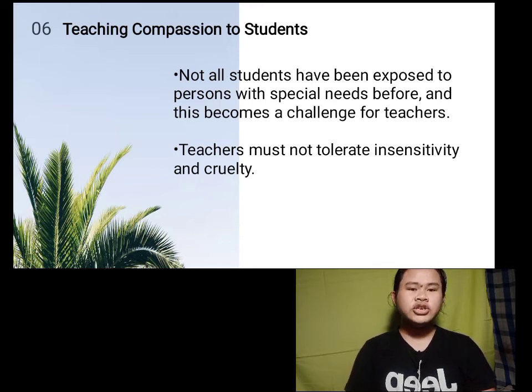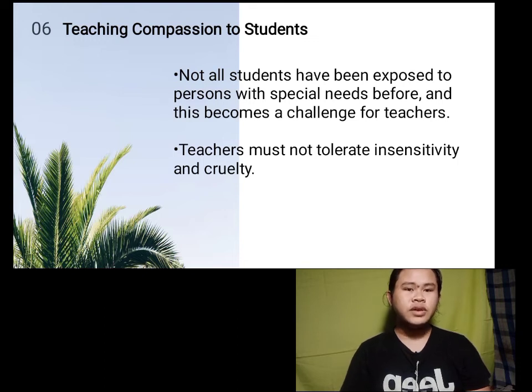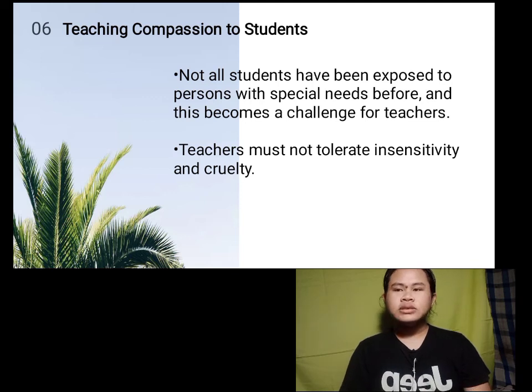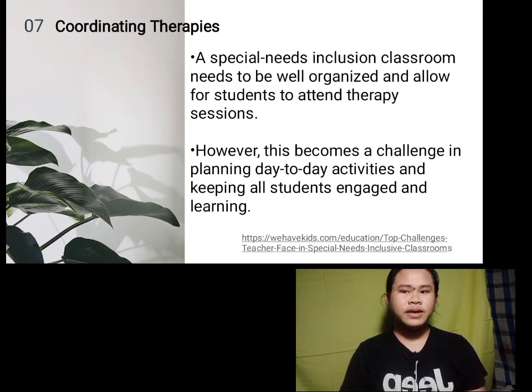As an educator in an inclusive classroom, you should have patience in teaching students with special needs. If you don't have that patience, it is difficult for you to cater to your students, or you can be removed from the institution that you are working in.